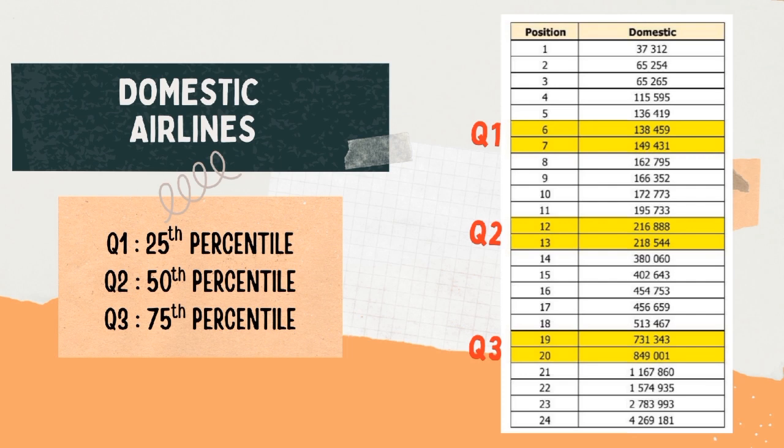Firstly, I will explain about the domestic airlines, and this is the value that I got from the table. From there we will know the value of the first quartile, that is the 25th percentile, the second quartile, that is the 50th percentile, and the third quartile, that is the 75th percentile.